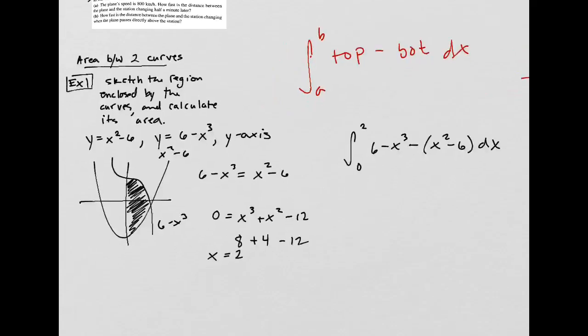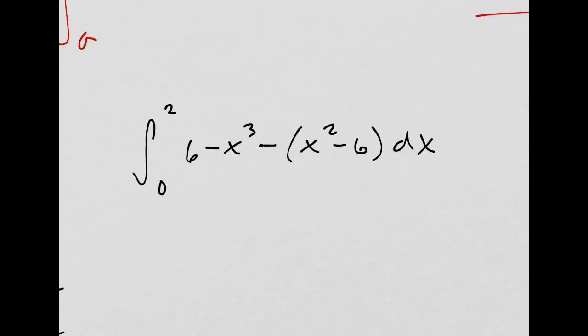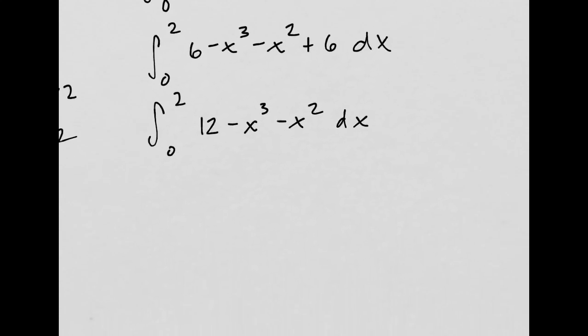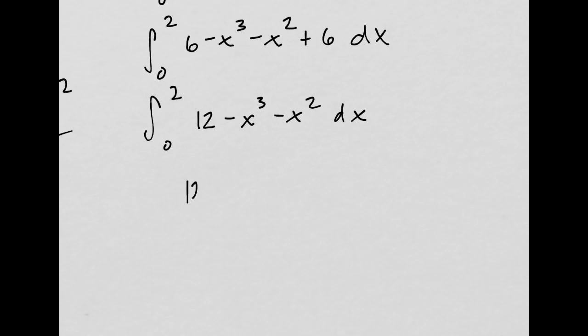So let's do this integral. I'm just simplifying it as much as I can, then I'll take the antiderivative and evaluate. So this would become 12x minus x to the fourth over 4 minus x to the third over 3, evaluated from 0 to 2.